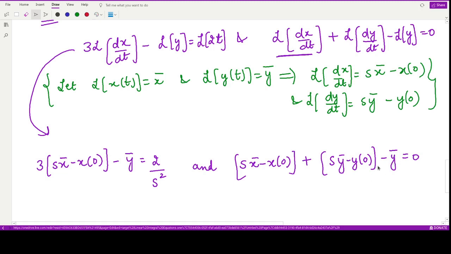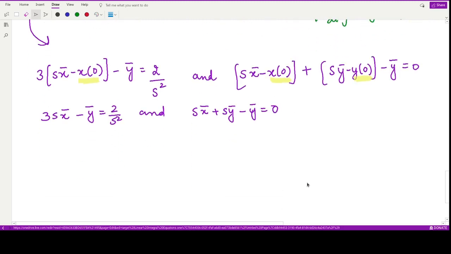Now the initial conditions, the term x of 0 here and y of 0 here, they all are equal to 0. Therefore, we will have 3s x bar minus y bar is equal to 2 by s square, and s x bar plus s y bar minus y bar is equal to 0.